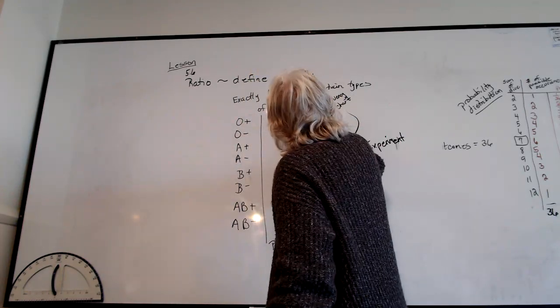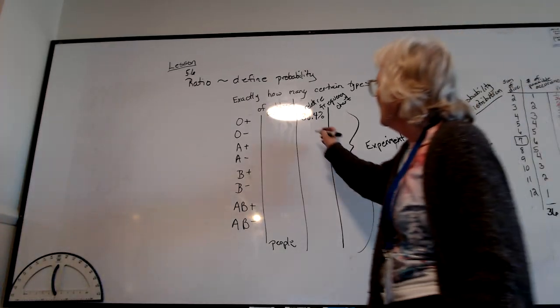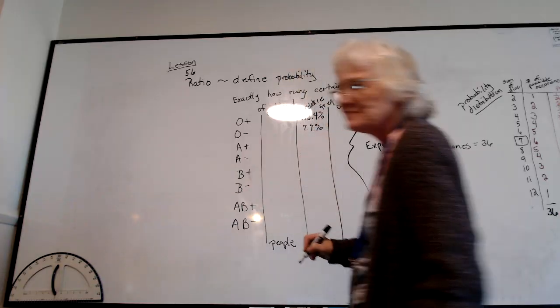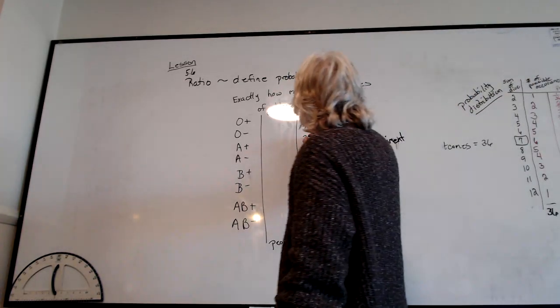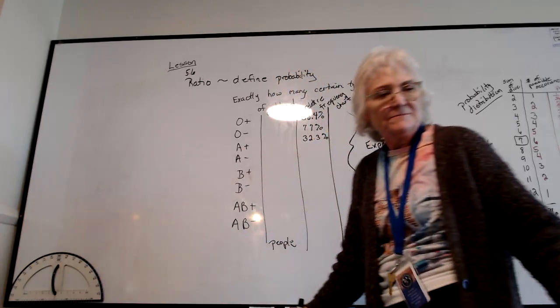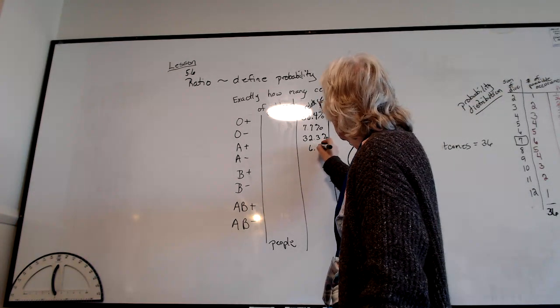38.4% are O positive, okay? O negative is 7.7%. A positive is 32.3%. A negative is 6.5%.